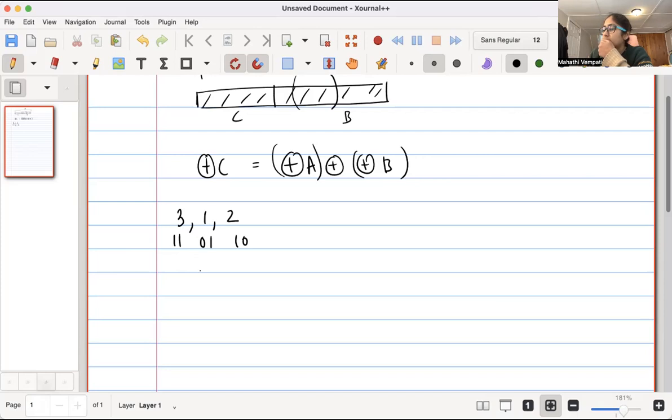This or this, 1, 0, not a square. This or this or this becomes 0, that's a square, that has to be 1.